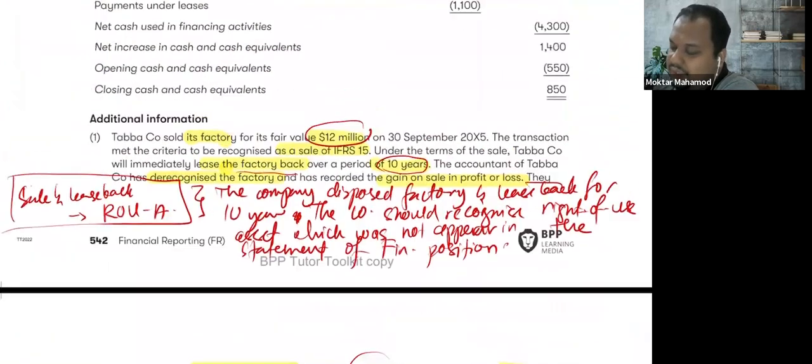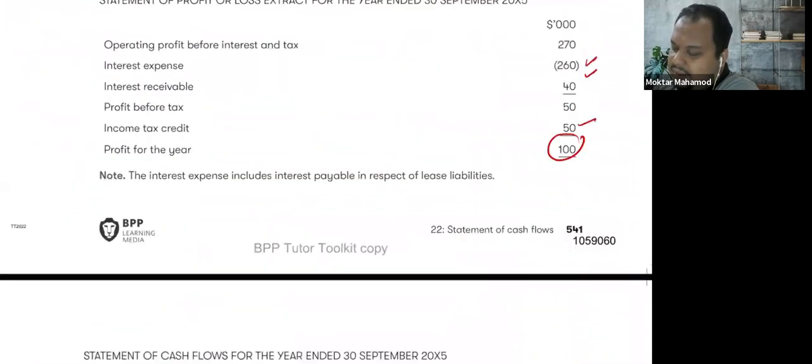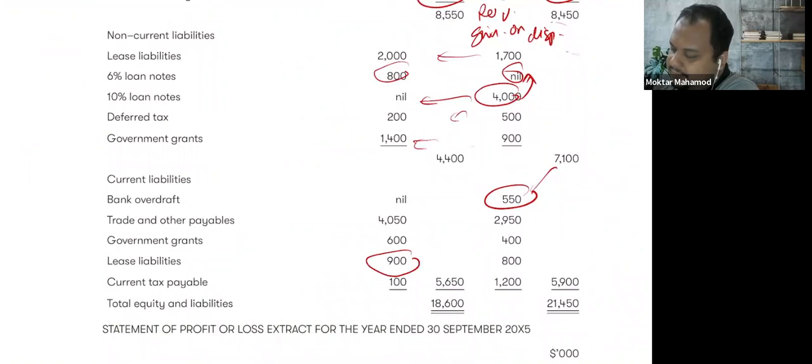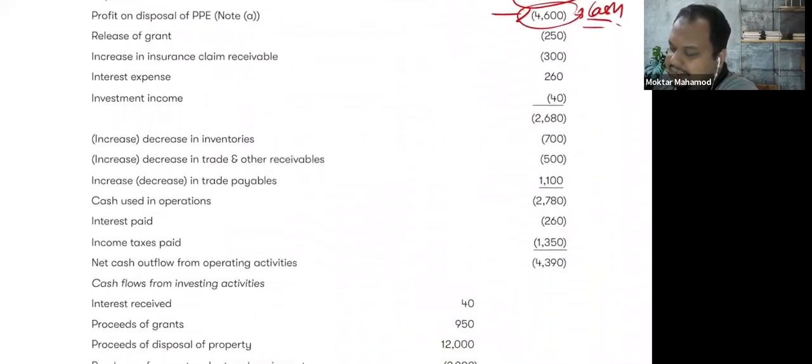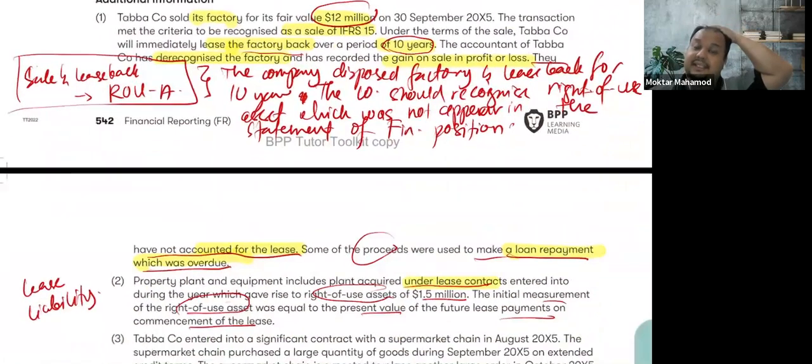Initial measurement, so look here. Their lease liability increased, and then increase lease liability. Meaning it is true that they have a lease asset, but I cannot see what is wrong with the lease asset.